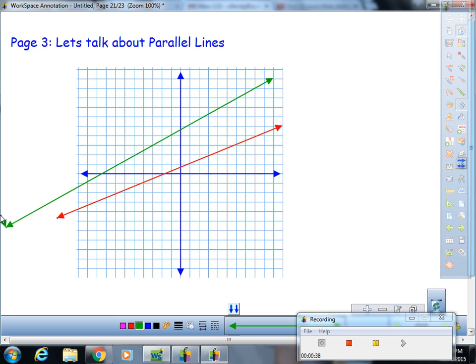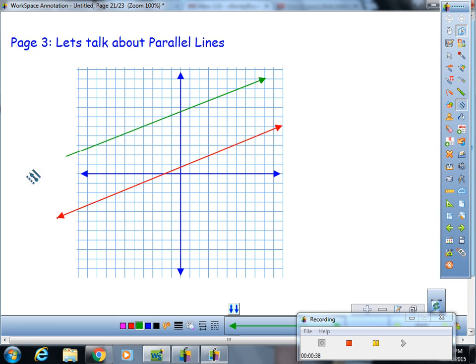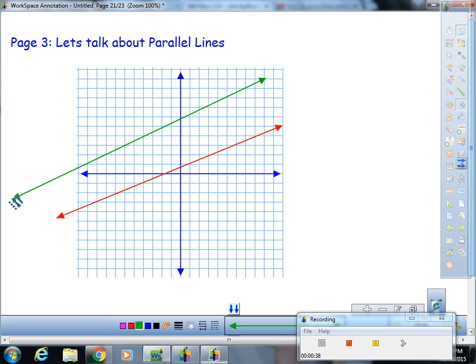Oops, hold on. Didn't mean to let go of that button. And that one. Okay? Those lines appear to be parallel.